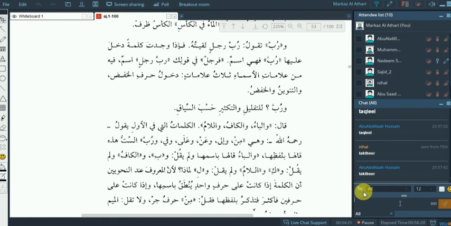And there is a hadith, the Messenger sallallahu alayhi wa sallam said, رُبَّ كَاسِيَةٍ فِي الدُّنْيَا عَارِيَةٌ فِي الْآخِرَةِ. A woman who is clothed well in this world will be unclothed in the hereafter.